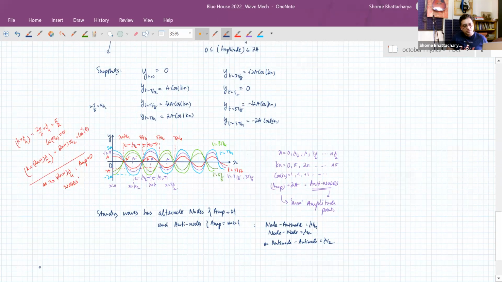So in our next example, we have the superposition of waves with this.